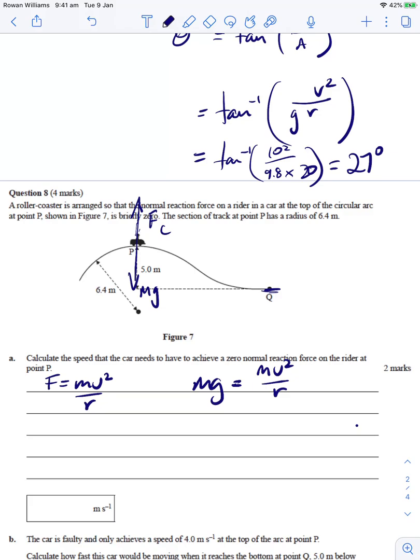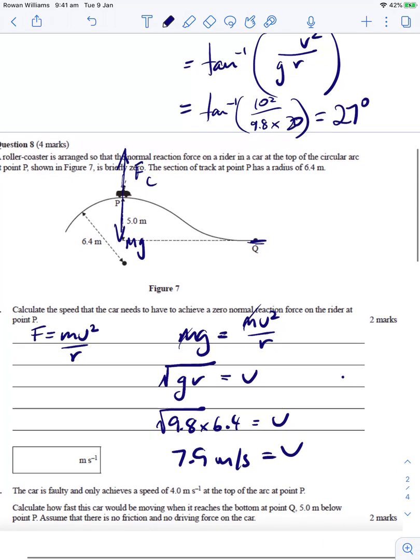We are looking for the velocity, so we'll do some cancelling and some rearranging. And we're going to get gr equals v squared, so we'll go square root of gr equals v, which means square root of 9.8 times the radius, which is 6.4, equals our velocity. And our velocity will therefore equal 7.9 meters per second.